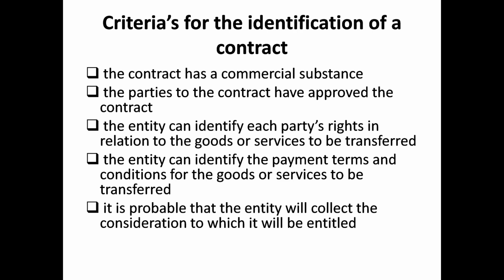Number 3, the entity can identify each party's rights in relation to the goods or services to be transferred. Both the parties, the buyer and the seller, have understood their rights and obligations. Number 4. The entity can identify the payment terms and conditions for the goods or services to be transferred.